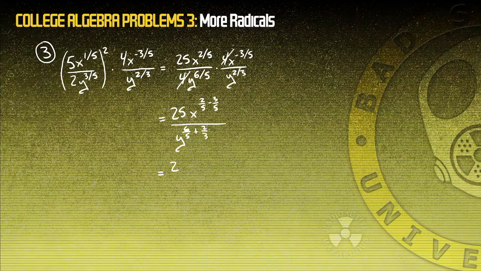So here you get 25 times x to the minus 1/5, and that's divided by y.